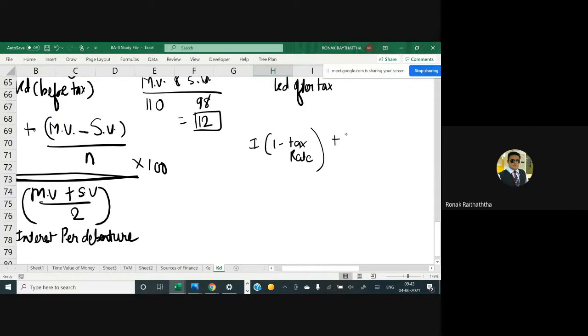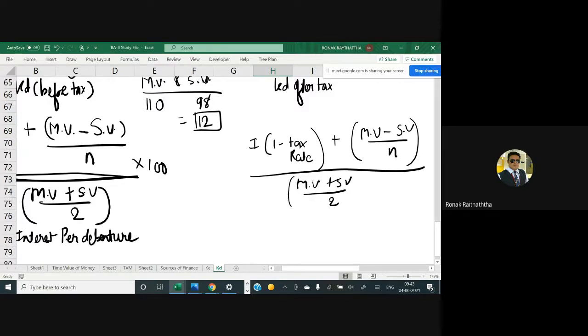Plus maturity value minus sell value divided by N. N stands for the number of years left in the maturity, to be divided by MV plus SV divided by 2. That gives KD after tax. And KD for the zero coupon bonds, we'll do later on by using the formula of the IRR.